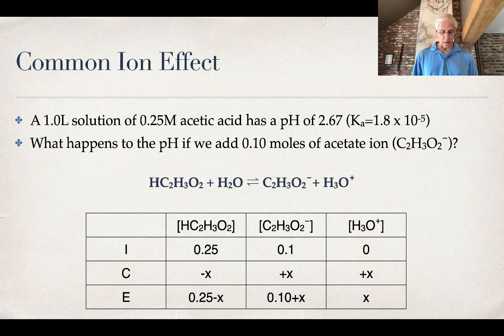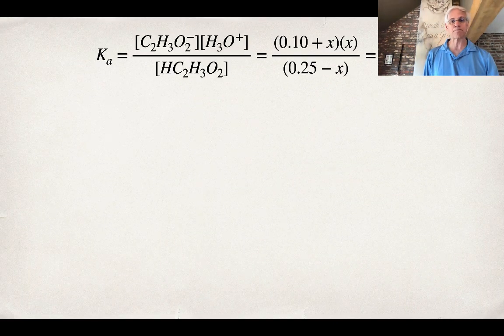Now, so I'm going to have a minus X of acetic acid, plus X of the acetate, and plus X of the H3O plus. I end up with 0.25 minus X, 0.1 plus X, and X in my equilibrium line there.